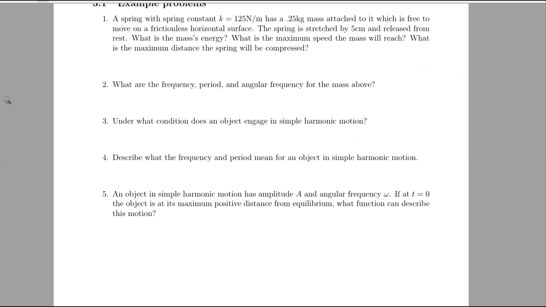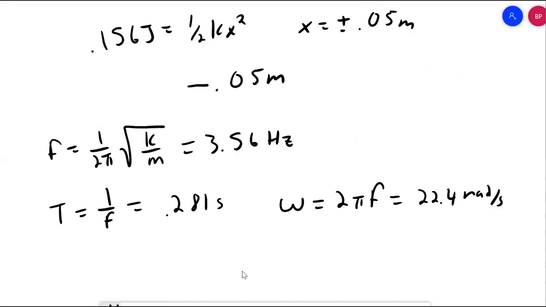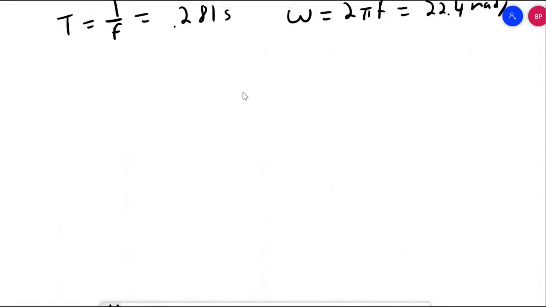Okay. So our next problem says, under what condition does an object engage in simple harmonic motion? So it's not just springs, other things can be in simple harmonic motion. And that's anytime the acceleration is proportional to minus the displacement.